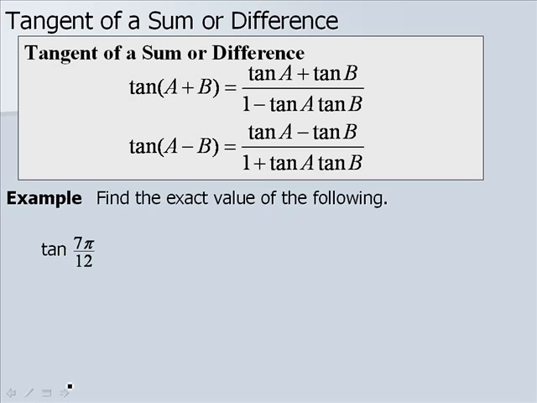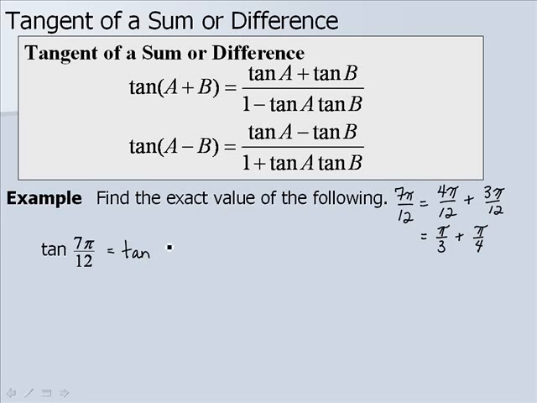We want to find the exact value of tangent of 7 pi over 12. Now 7 pi over 12, we can split up as 4 pi over 12 plus 3 pi over 12. And so that is going to be equal to pi over 3 plus pi over 4.